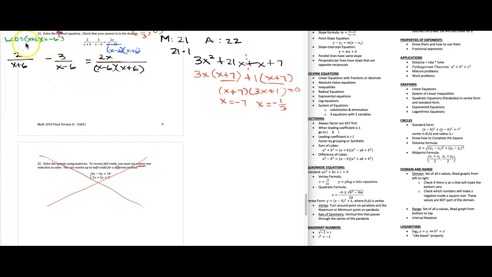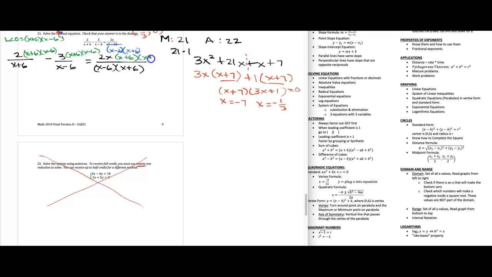Okay. And so I said I'm going to multiply each part by my LCD. And by doing that, I'm going to be able to kill off my denominators. You don't have to work with your denominators on this. When there's an equal sign, you can kill them off, which makes it so much easier to deal with.